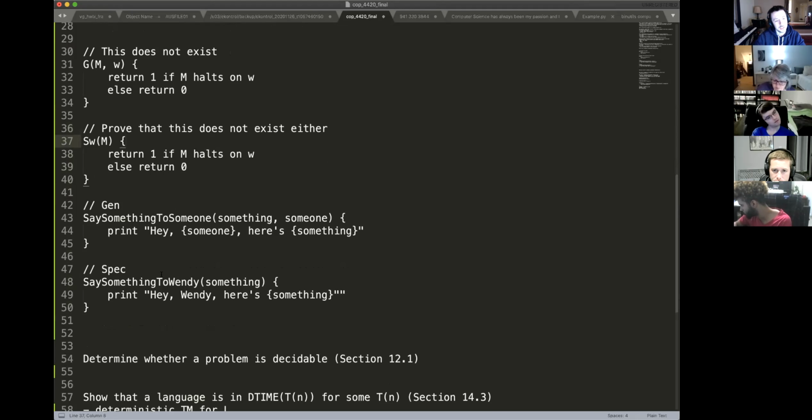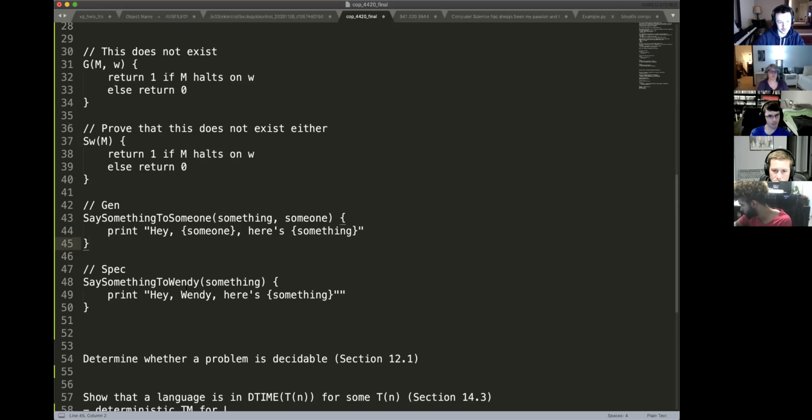Okay. So in other words, just imagine for some weird reason we cannot print anything on your screen. So we're saying, hey, we know that this doesn't exist. We cannot just print, hey, Wendy, here's a cat, right? But we're saying, okay, but what if it only works for Wendy or if it only works for Mark, right?